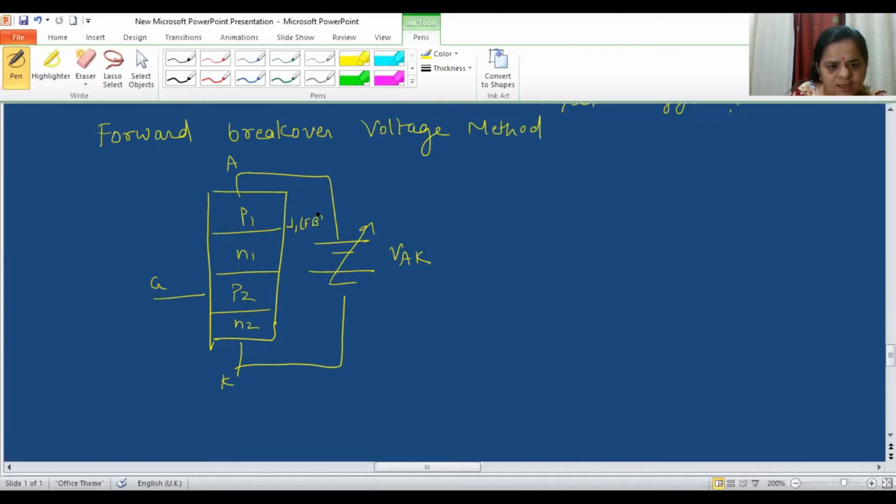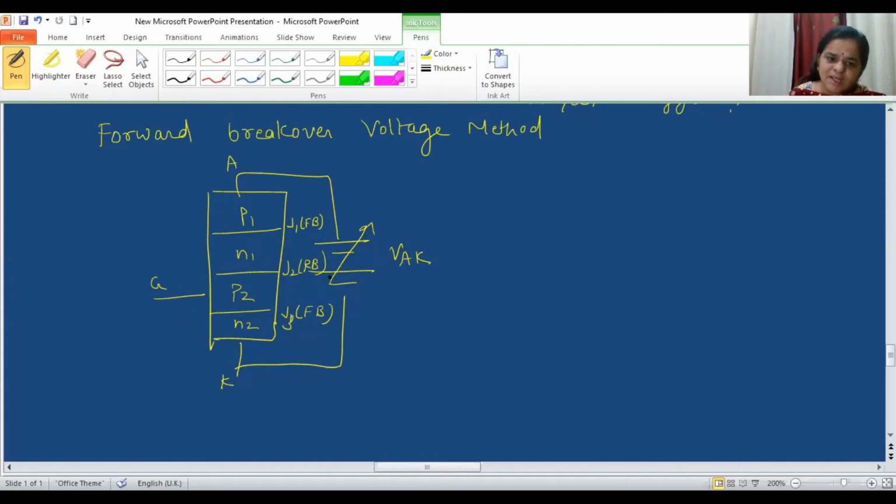Due to the forward bias connection of the applied voltage, the two outermost junctions are forward biased and the middle junction is reverse biased. So when we increase the anode cathode voltage, although it is forward bias across the device, that voltage appears across the middle junction as a reverse bias.